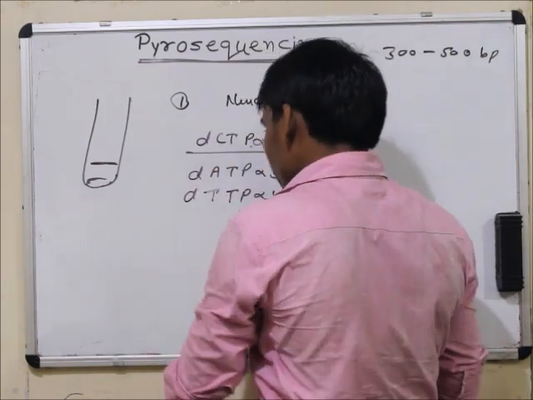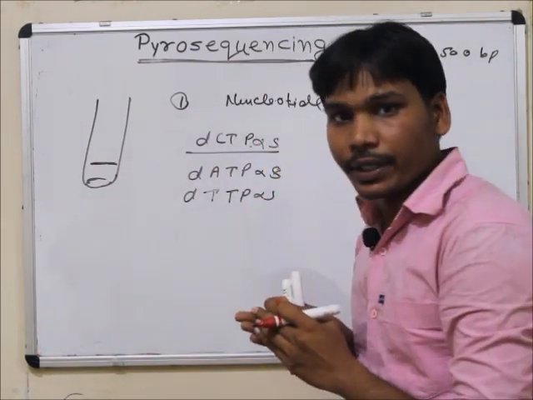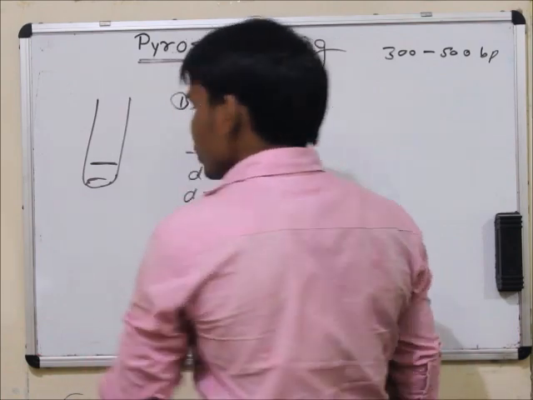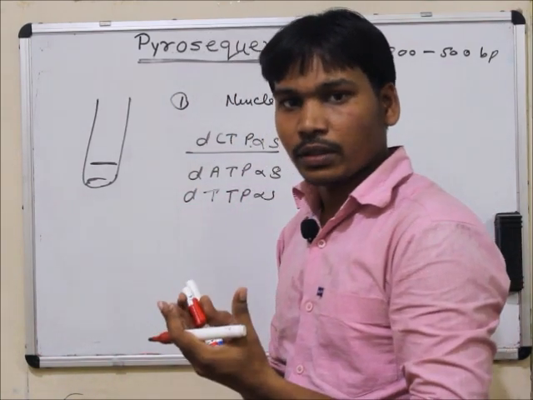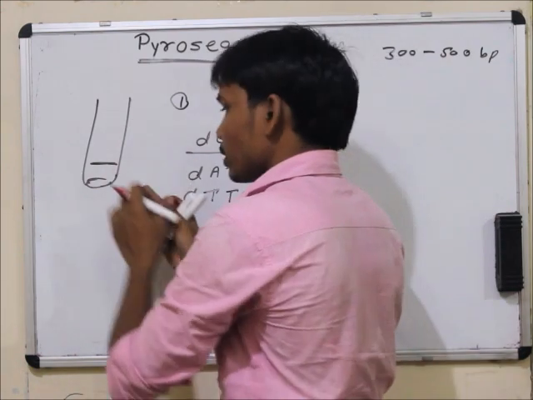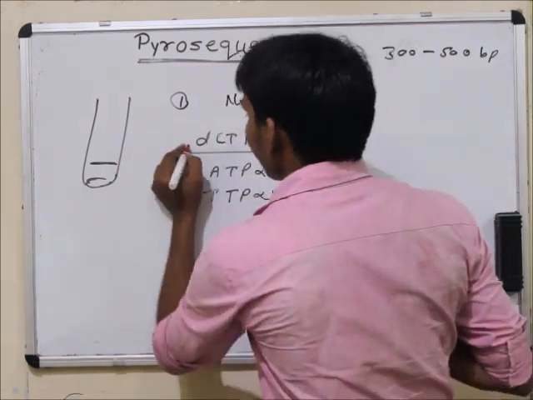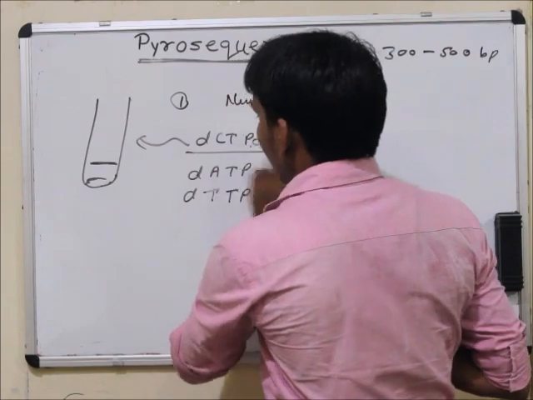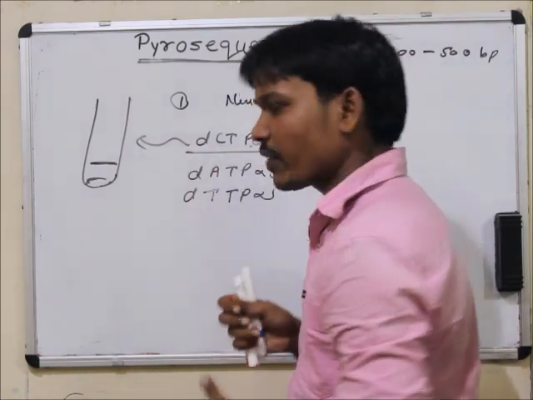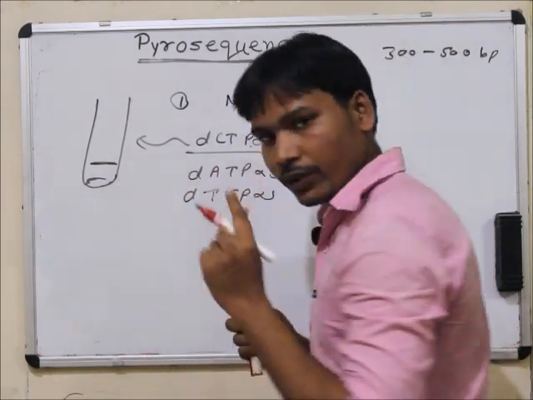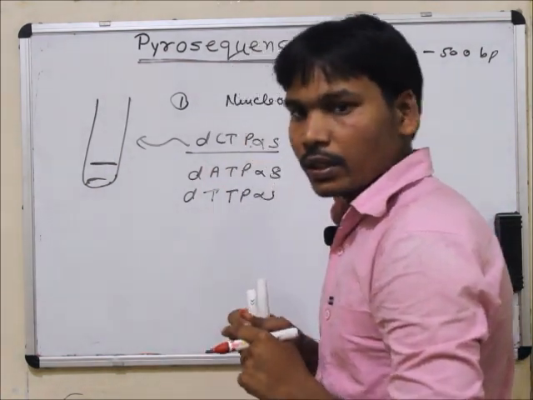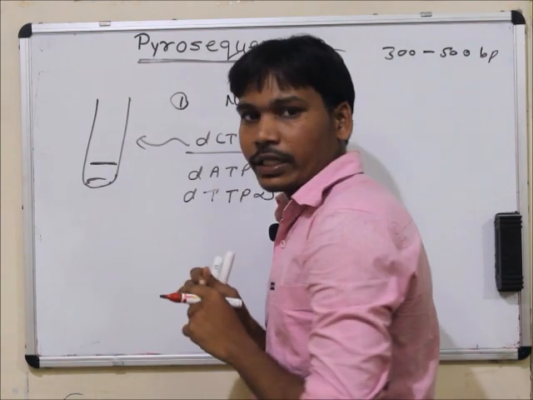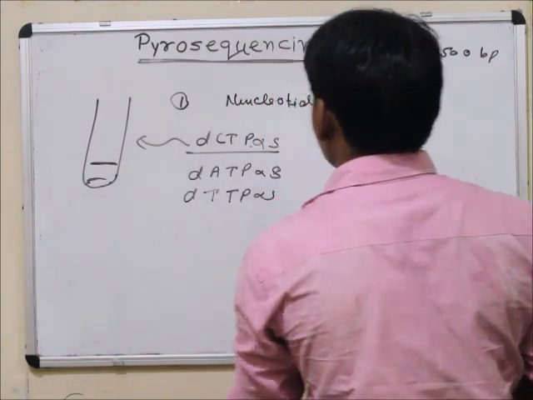But how are these four nucleotides added? They are added sequence-wise, not mixed together. Suppose we first add cytidine triphosphate, or a single time adenosine triphosphate, followed by another nucleotide. So the nucleotide is added, but how is it recognized?